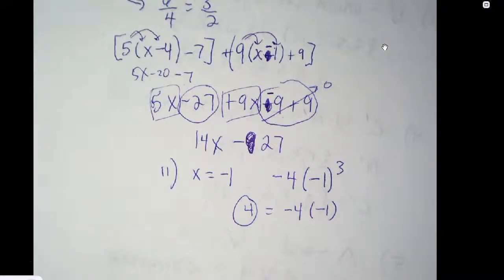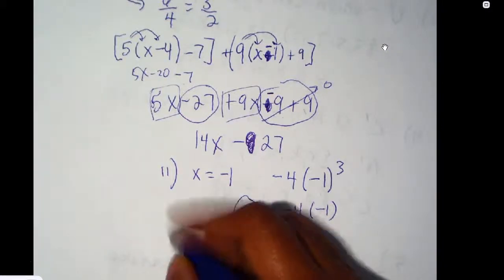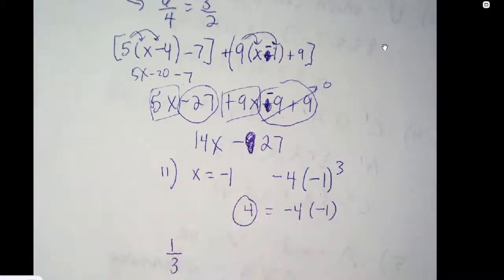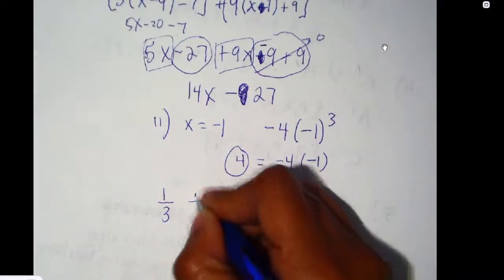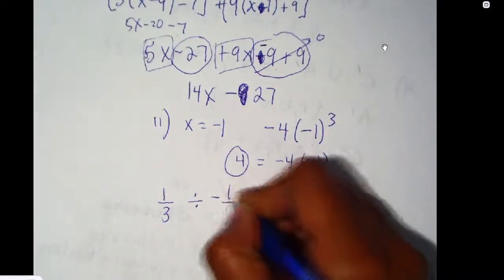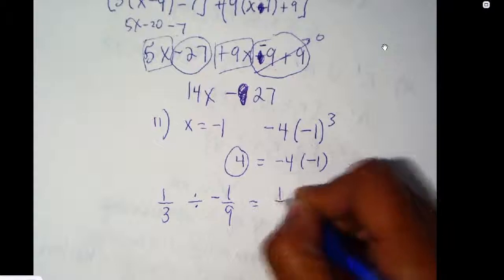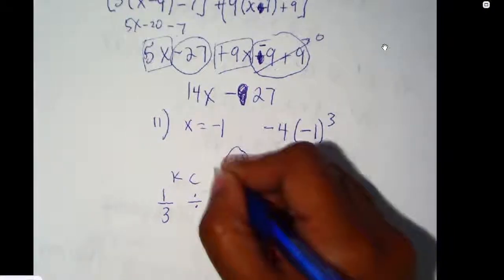Okay, so now let's look at number 12. For number 12, we do keep, change, flip. So we have 1/3 being divided by negative 1/9, keep, change, flip.